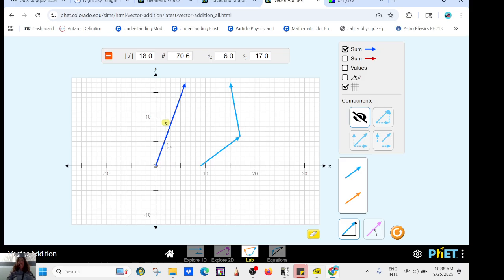So you want to make sure to have the right angle. For example, here we are in the first quadrant, and you want to know exactly which angle you're going to find when you use tangent. Because you don't want to confuse the angles, because they are complementary. They add up to 90 degrees.